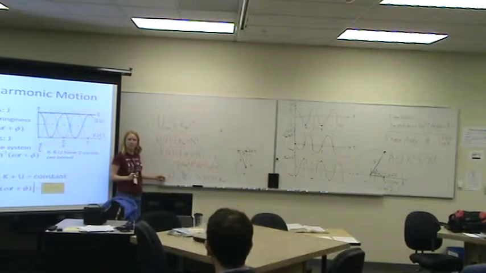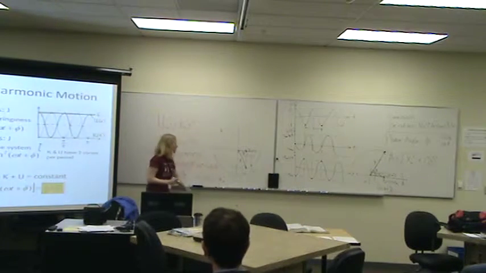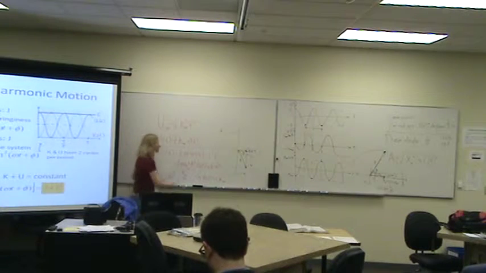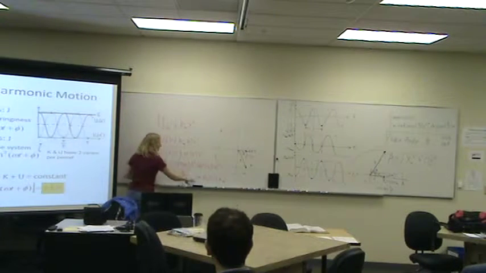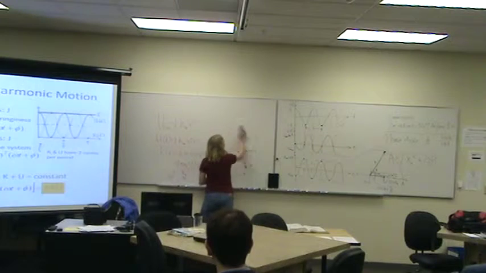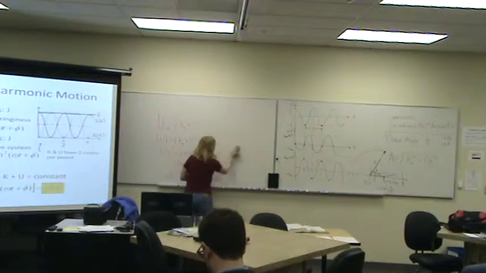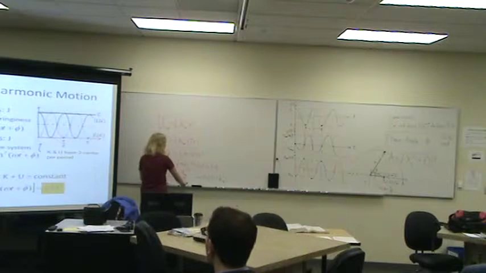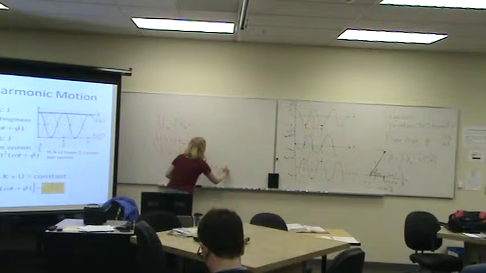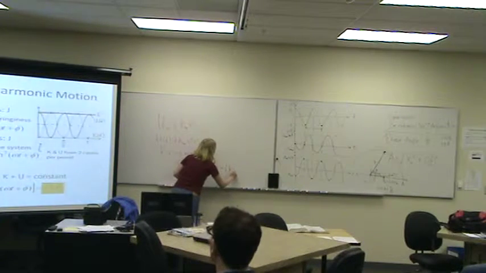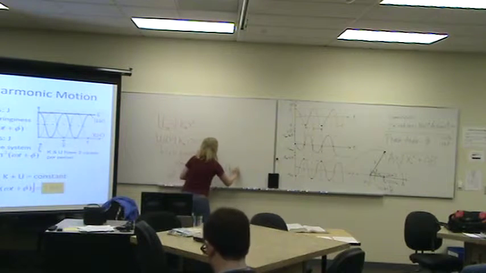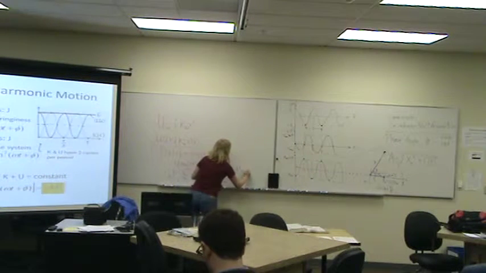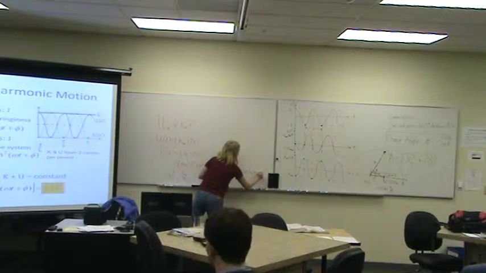Everyone see that, how m omega squared equals k spring? So that's what I'm going to substitute in there. Now I have 1/2 k spring a squared sine squared of omega t plus phi.